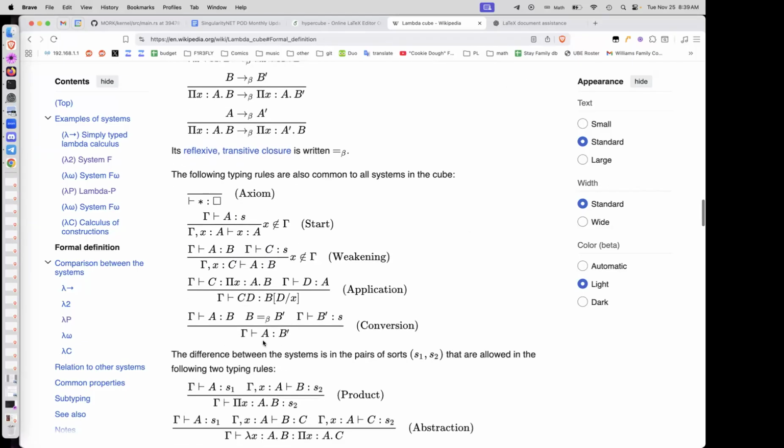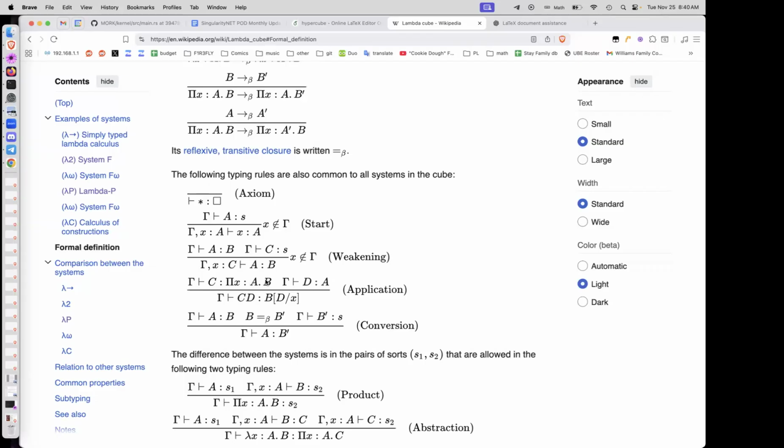But then down here, we pick out the well-typed subset of terms. And so applying star to box doesn't work because in order to get an application here, you need to have something that's a pi type there.